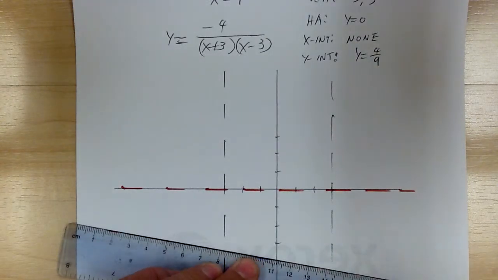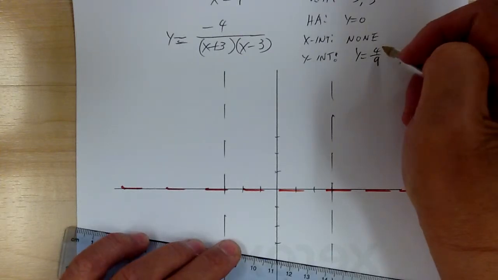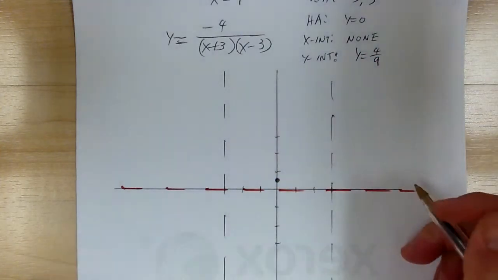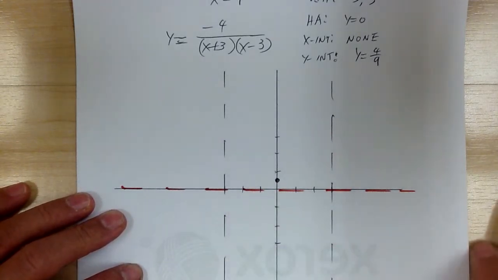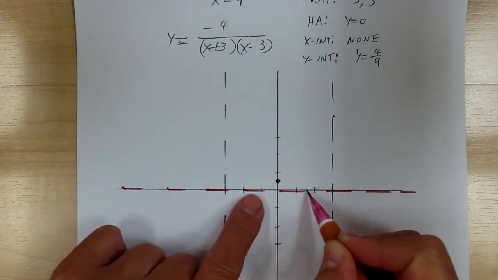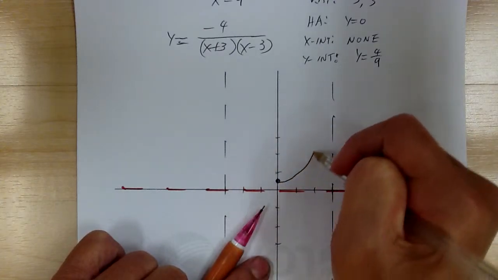And then x-intercept none, and y is equal to 4 over 9, so it's about half, about right over here. Now, since there's no intercept for you to cross over, your graph cannot go this way because there's no point for it to cross over. So the only possibility is it's going to go this way.